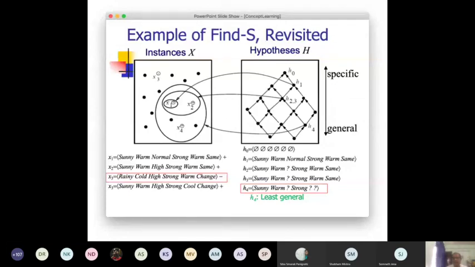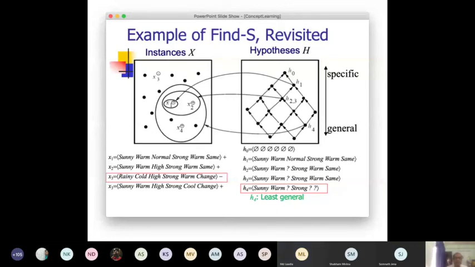Is there any other comment? Yes, sir, Warm in the second attribute and all question marks will also be one general hypothesis. I think that is also true. You are right.